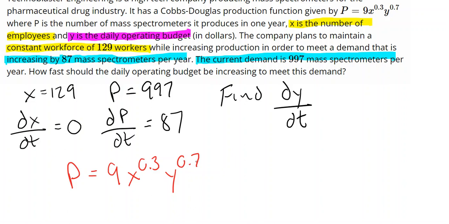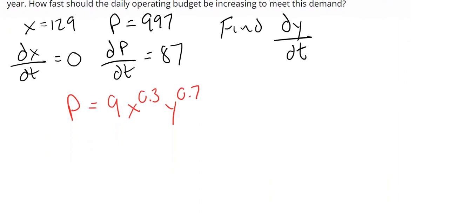Now there's no way to eliminate the x or the y, as I've done in some other problems. So we're going to have to take the derivative of this, and we have two variables, x and y, on the right-hand side of the equal sign. So we're using the product rule. The derivative of P is dP/dt. I'm going to leave the 9 out here and do the product rule for x and y.